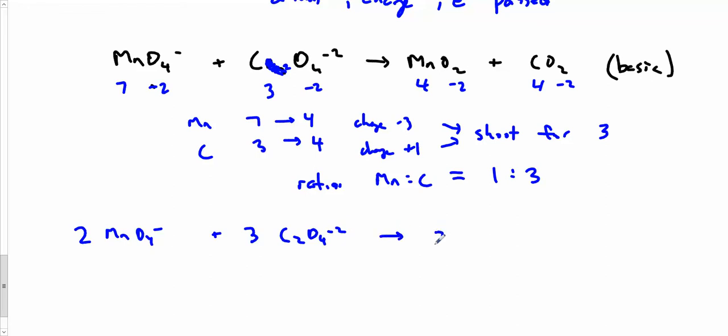I'm going to need a 2 MnO2. And I'm going to need a 6 CO2. Now the ratio of C to Mn is still 1 to 3, except I've used 2 to 6 because of this guy right here is messing me up.